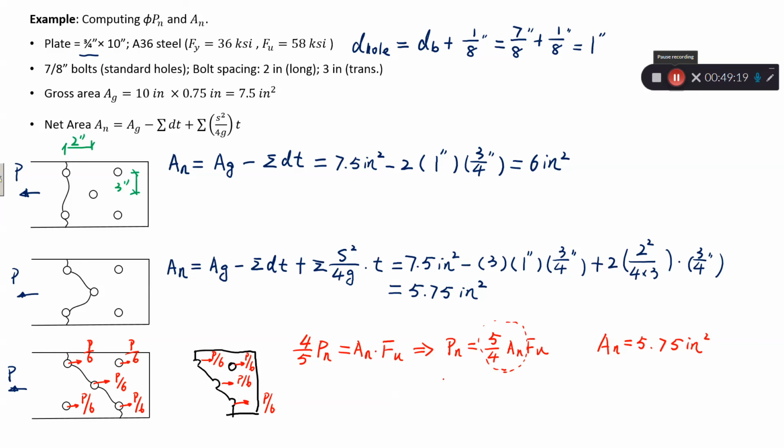So your equivalent net area should be 5/4 times 5.75, which obviously is gonna be greater than that. So it will not be controlling.